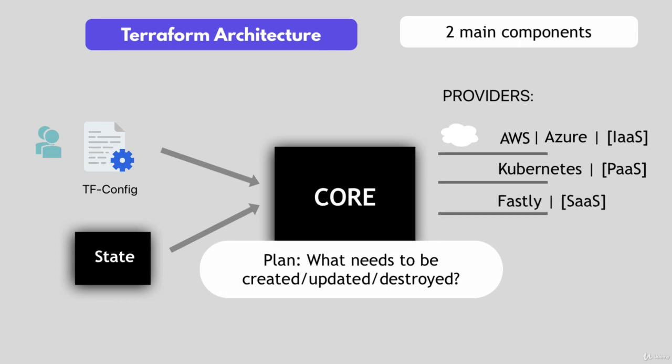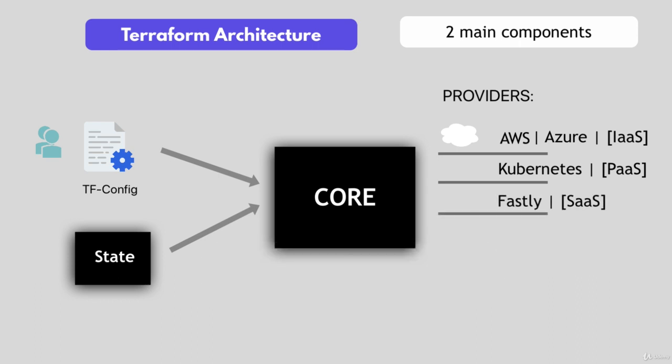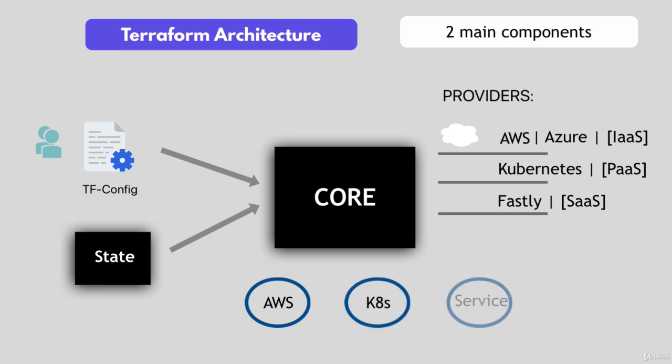So it gives you possibility to create stuff on different levels, like create a AWS infrastructure, then deploy or create Kubernetes on top of it, and then create services inside that or components inside that Kubernetes cluster. So it gives you all these possibilities. And it does that through those providers.